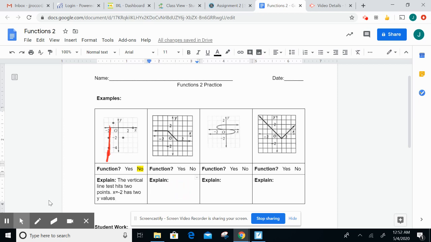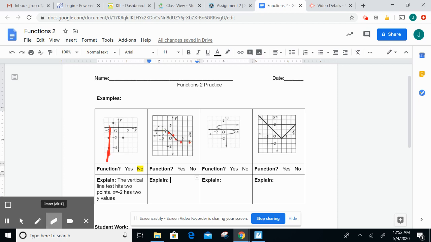All right, what about the next one? Take your pen, and I'm going to draw the lines. You can see at no point do we hit 2 points, right? The line is only hitting one part of this function. So it is a function because it does not hit 2 points. By points, I mean there are points all along this line. This line is made up of points.